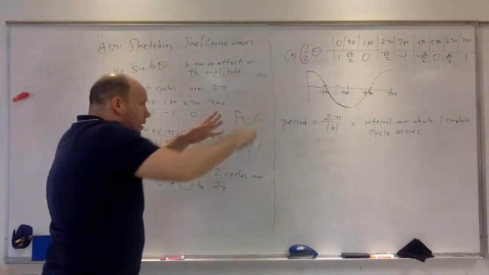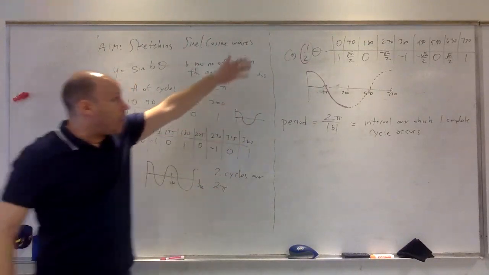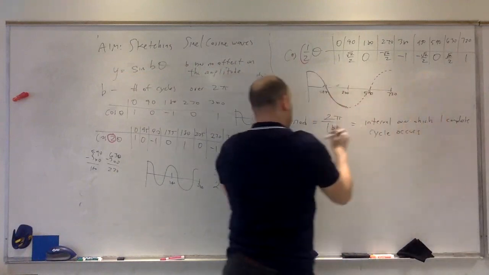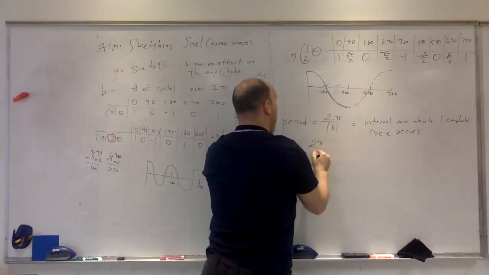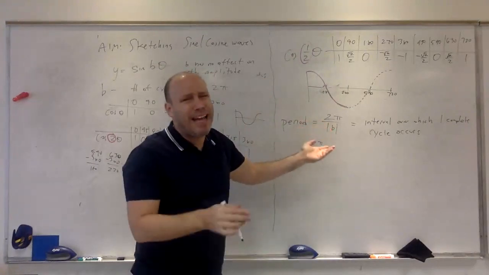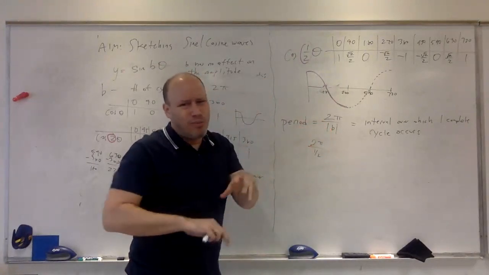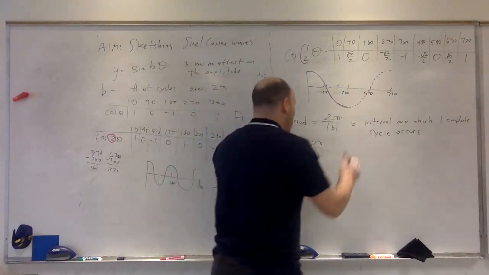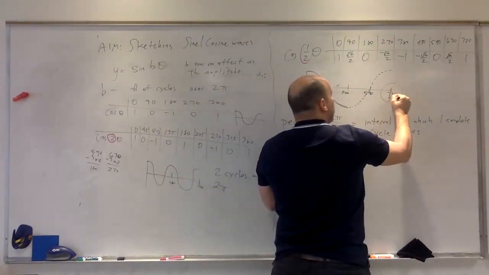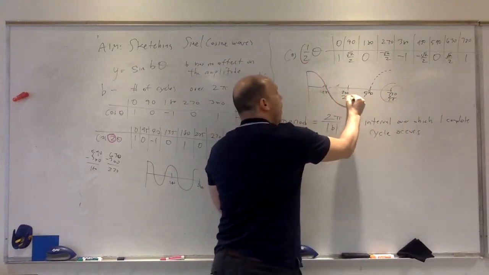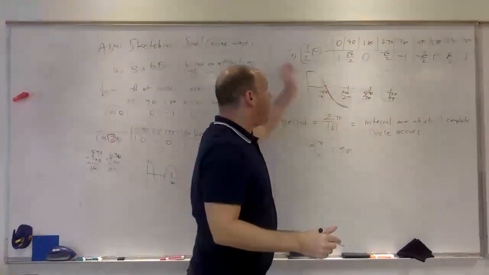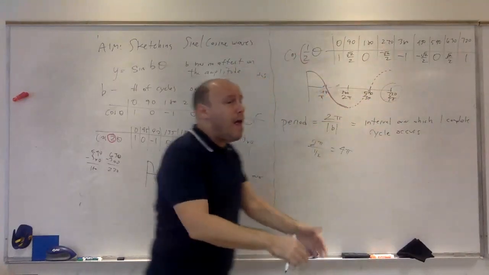So we see here that 2 pi divided by the 1/2, it's never going to be negative. We have no purpose for that in this class. This is 4 pi, hence the 4 pi. This is 2 pi, 3 pi, that's 4 pi. So we get a full cycle from 0 to 4 pi.